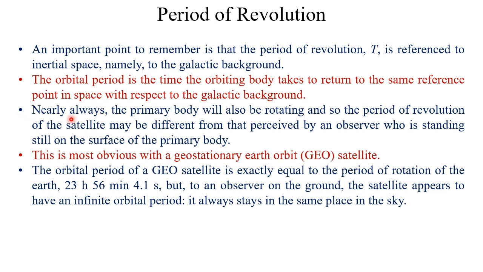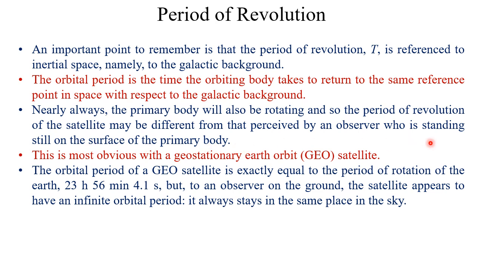Now, nearly always the primary body will also be rotating, and so the period of revolution of the satellite may be different from that perceived by an observer who is standing still on the surface of the primary body.